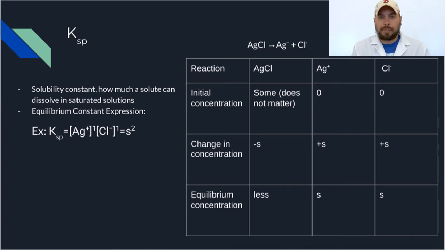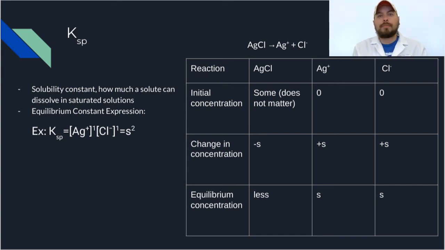So at equilibrium, in an ionic compound that has 2 ions, like AgCl, what we would see is our equilibrium values being S for the Ag plus and S for the Cl minus.